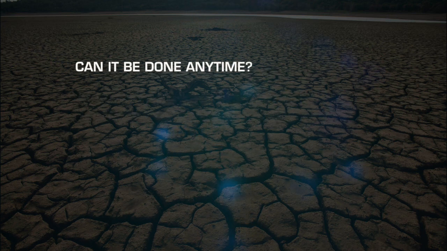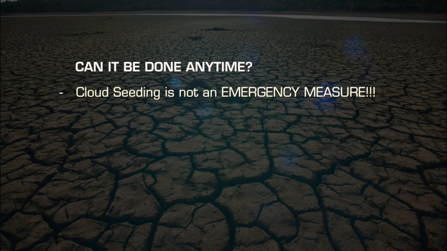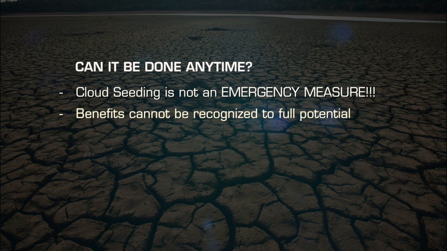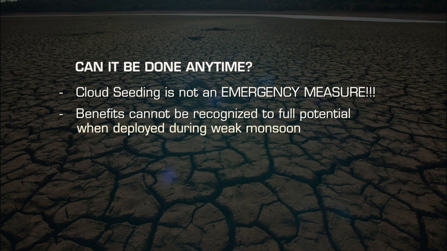Can cloud seeding be done anytime or when there is water shortfall due to deficit monsoon? No, cloud seeding is not an emergency measure. The benefits of cloud seeding cannot be recognized to its full potential if it is deployed as a reaction to poor conditions while experiencing weak monsoon.